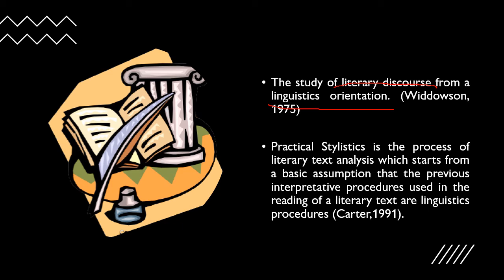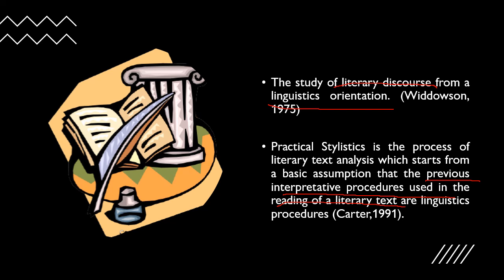Practical stylistics is the process of literary text analysis, which starts from a basic assumption that the previous interpretative procedures used in the reading of a literary text are linguistic procedures. Since we already know that stylistics and linguistics are greatly influenced by each other, we have to first understand the concepts of linguistics before we can totally understand how stylistics really works.